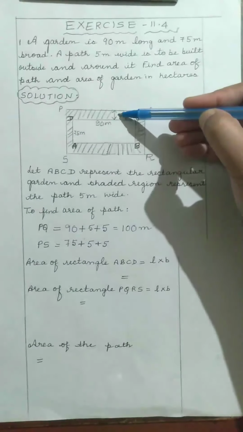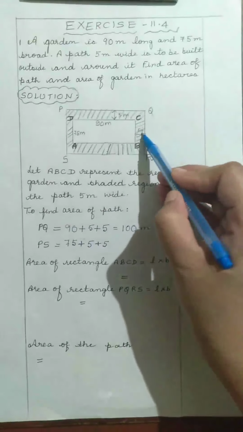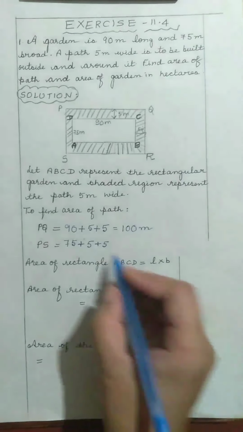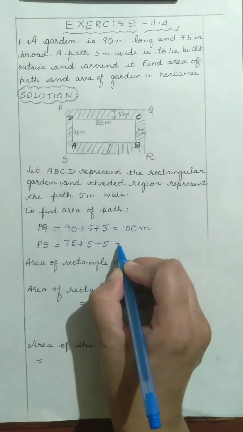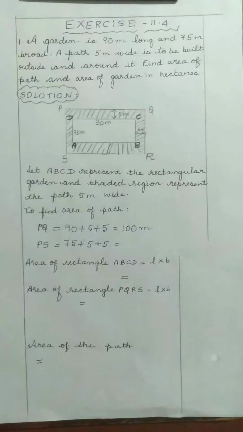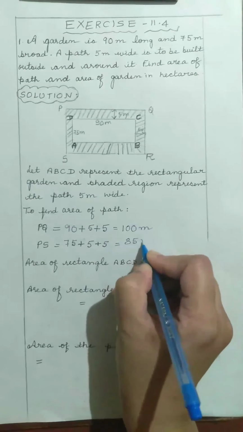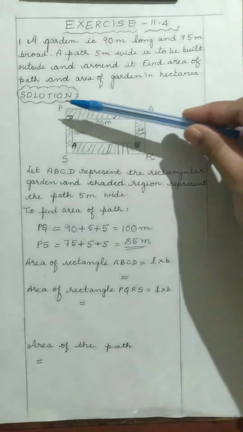For the length, 5 meter plus 5 meter, and for the breadth also it will be 5 meter plus 5 meter wide. So we have taken twice the value 5. Therefore, on adding 75 plus 5 plus 5, we will get the answer equal to 85 meter. Therefore, now children, we got the length and breadth of the rectangle PQRS.